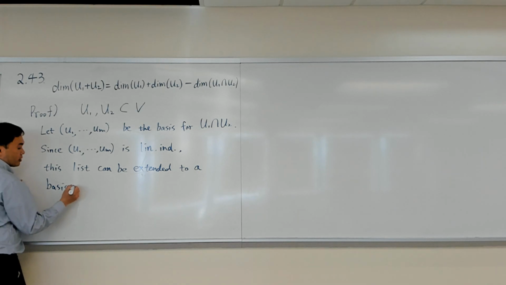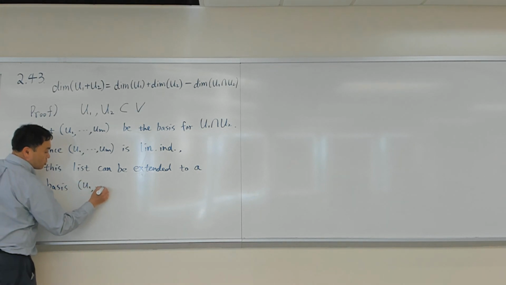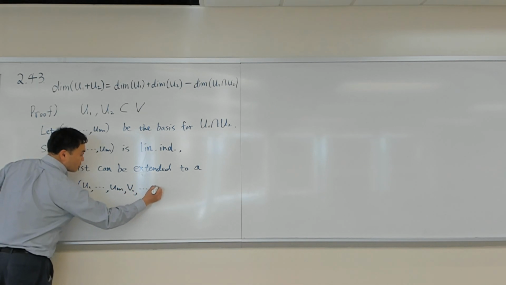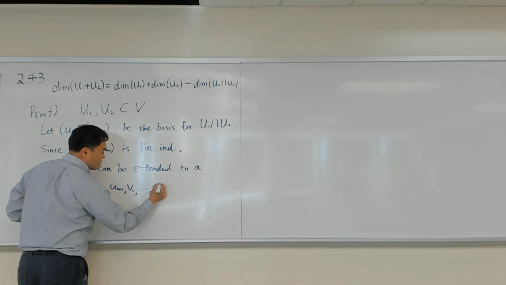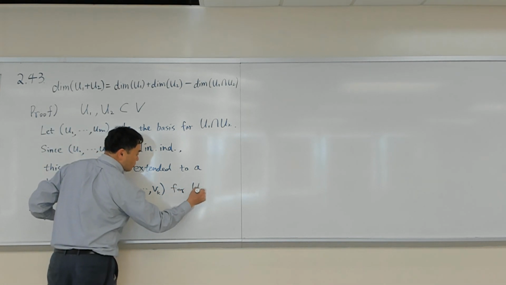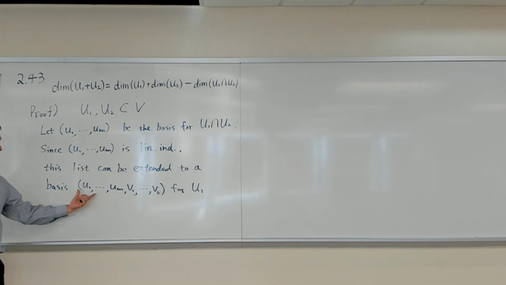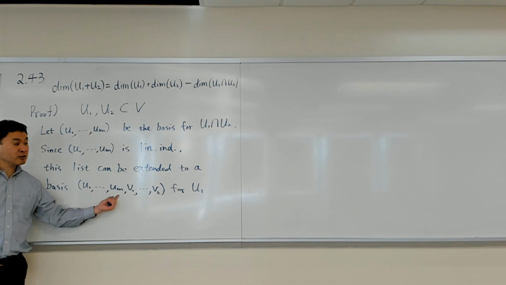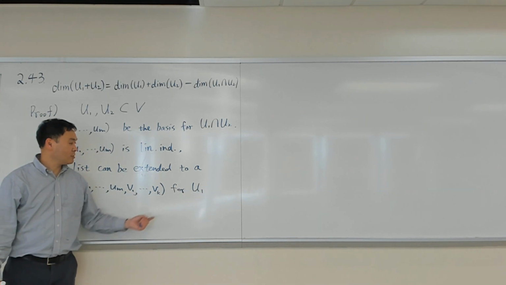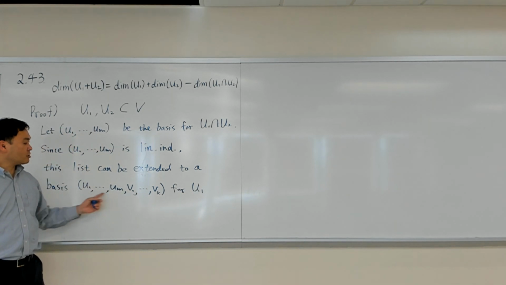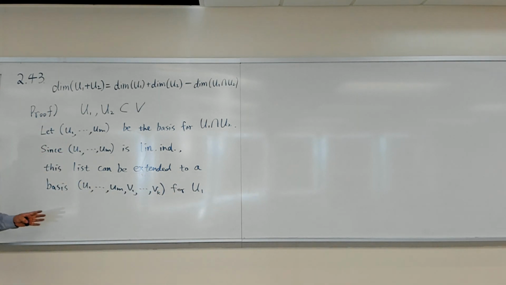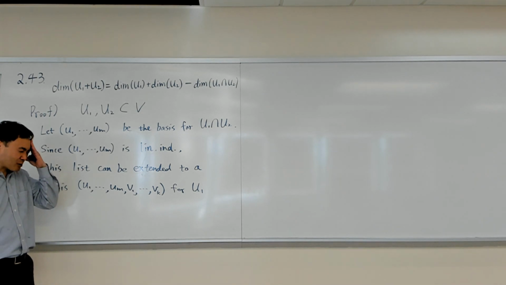Let's just say u1 through um, then v1 through vk for U1. So u1 through um is a linearly independent list in U1, so extend this to a list, a basis for U1. Not the basis, but a basis. I keep saying the basis.